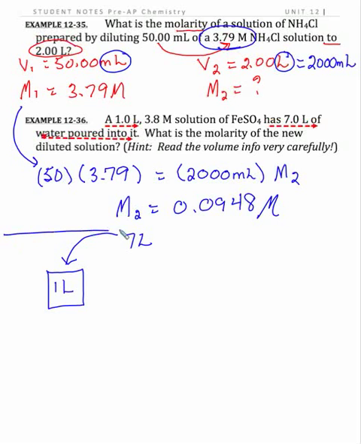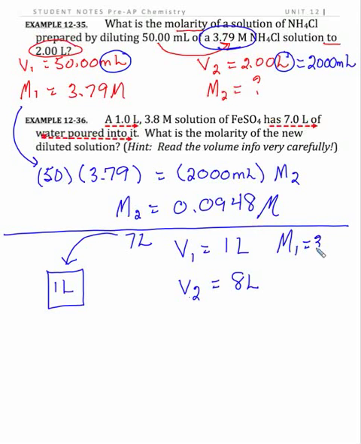What that means now, and I'm going to solve this one down here, my volume 1 is 1 liter. My volume 2 is 8 liters. That's pretty much all you have to do, is read that very, very carefully there, because my volume 2 is my final total volume.